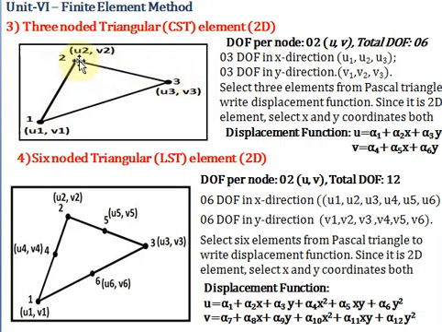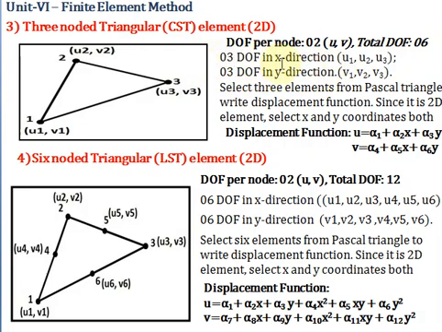As the number of nodes is 3, at each node 2 degrees of freedom, so total degree of freedom is 6. As it is two-dimensional, you have to select the elements from x and y direction. Total is 6, so 3 in x direction and 3 in y direction.